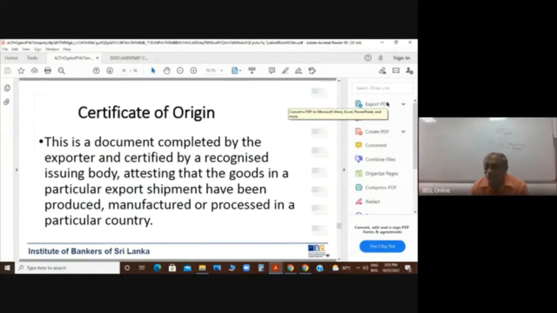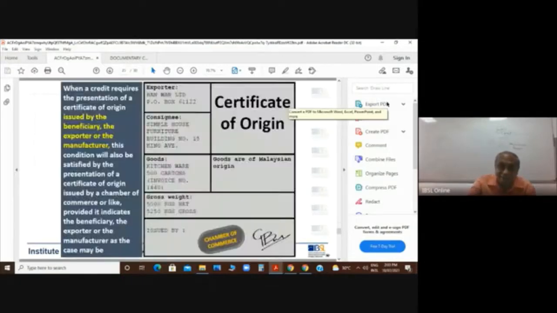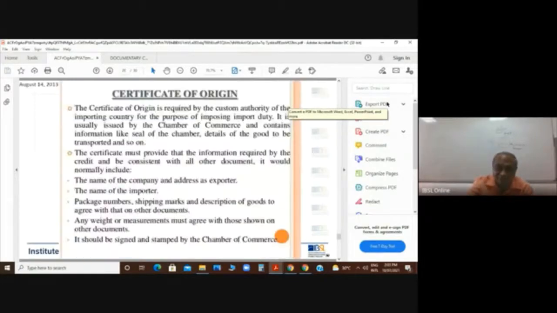But anyway, if you want to buy an original one, you have to get a certificate of origin from either Korea, Finland or Hungary, right? This is a common certificate of origin. Normally, it is issued by the Chamber of Commerce, right?